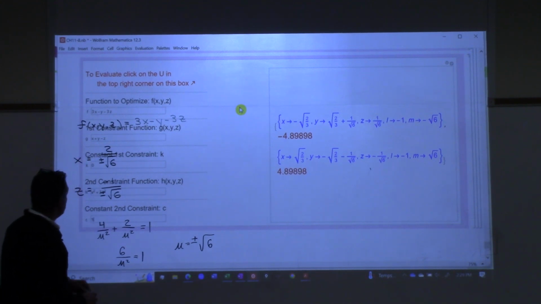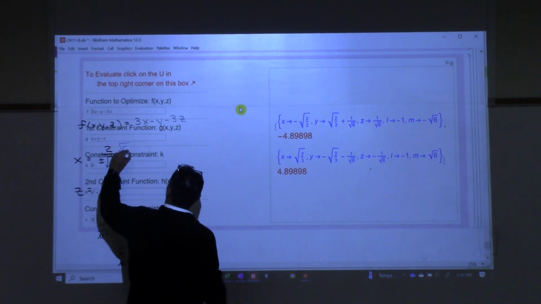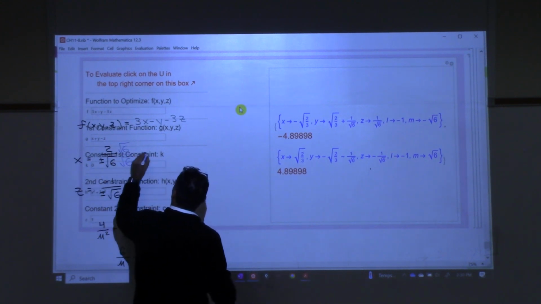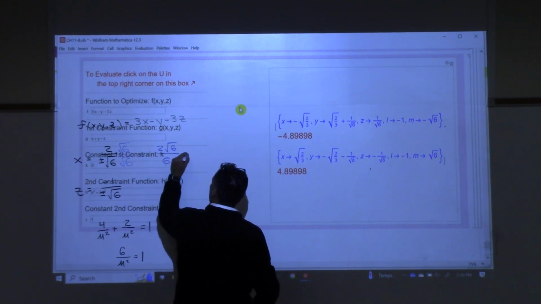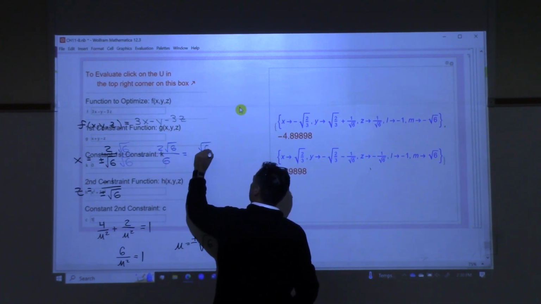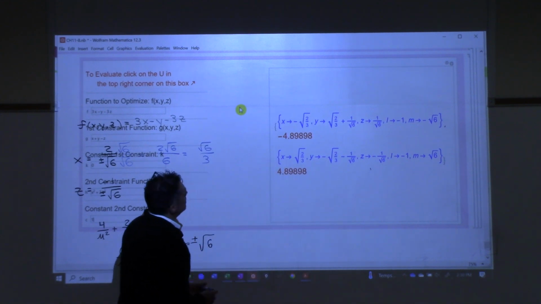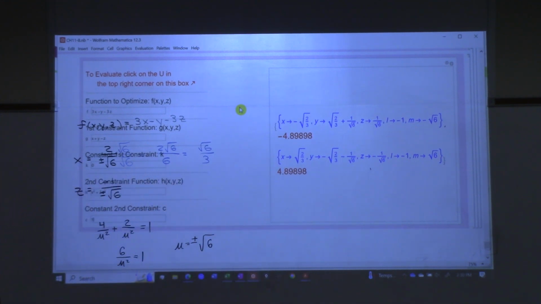If we rationalize this, multiply top and bottom by root 6 here, we get 2 root 6 over 6, and then that reduces out, right? You get root 6 over 3. Is that somewhere? I don't think that's it. Something's off. 0.816. 2/3. Did I type it all in right?